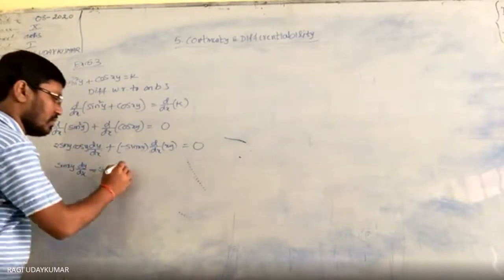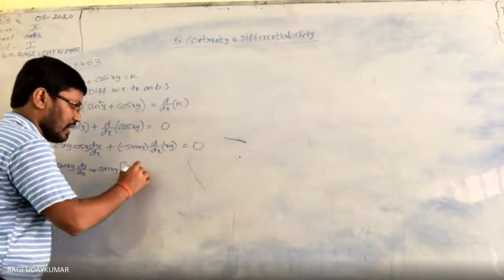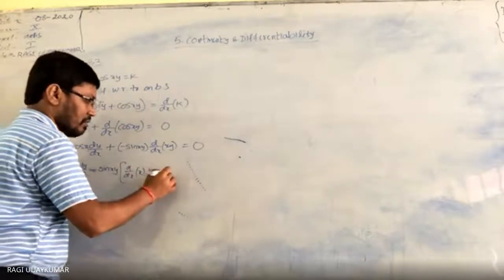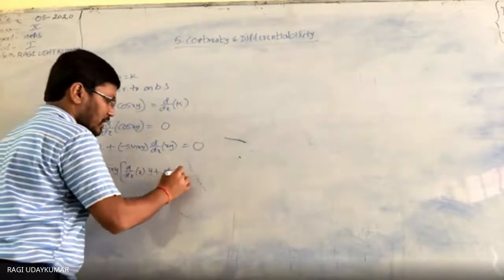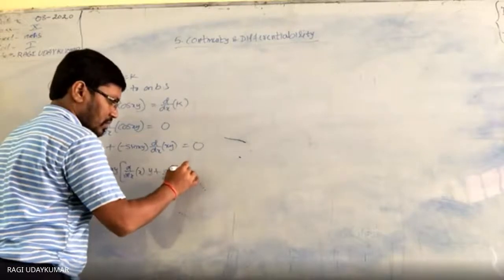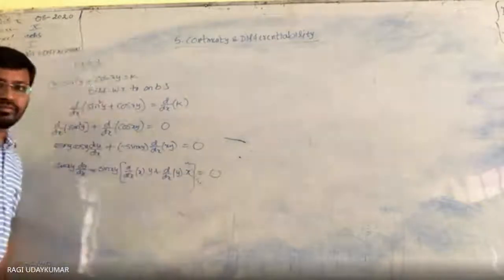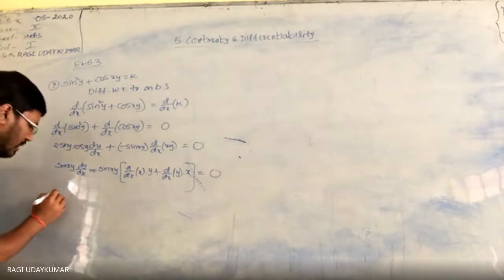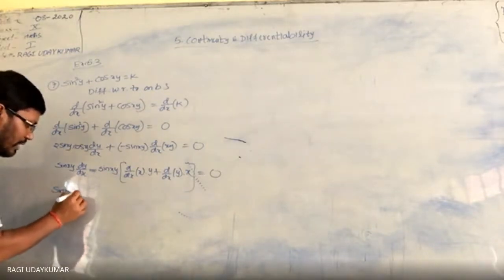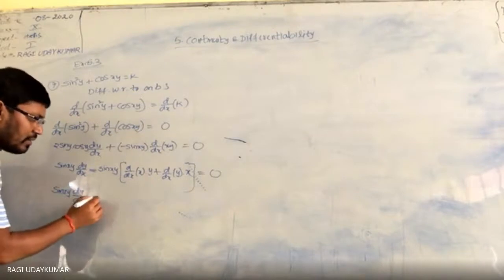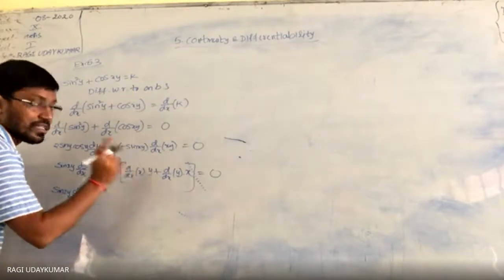UV rule means d by dx of x into y plus d by dx of y into x is equal to 0. x is one function and y is another function; their product is taken into consideration. So now here sin 2y dy by dx.